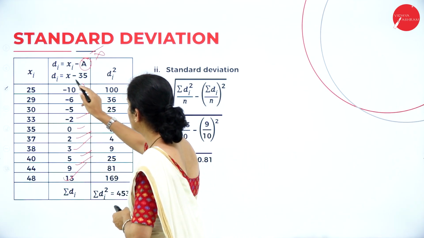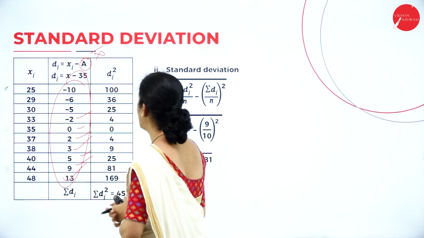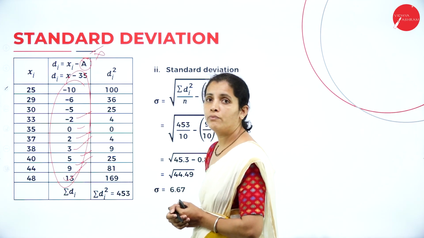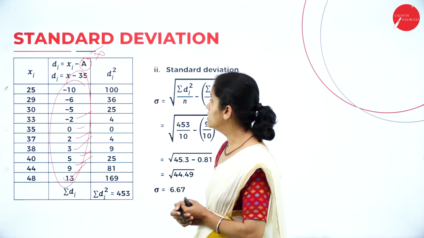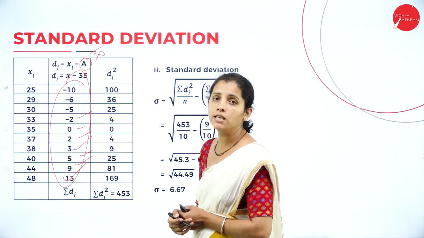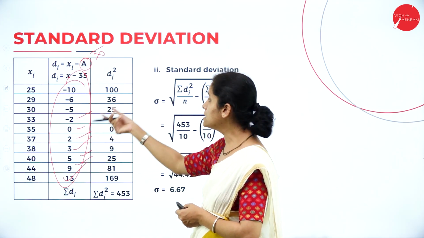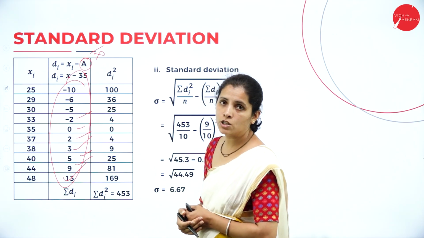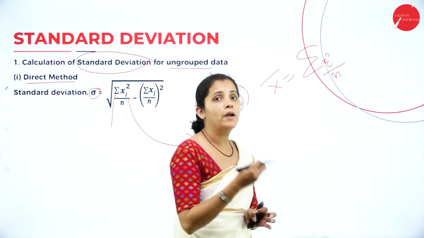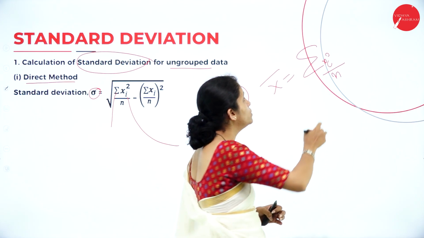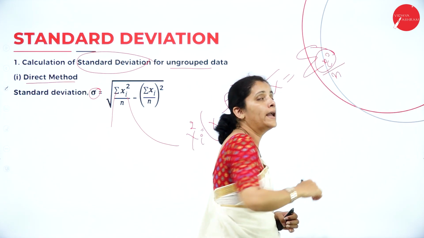Now what I want to do? I want to find the summation of di. At the same time, I want to find di square. So I am going to take the square of this data. Minus 10 square, it is 100. Minus 6 square, it is 36. Then I want to add all the elements together and divide by n.